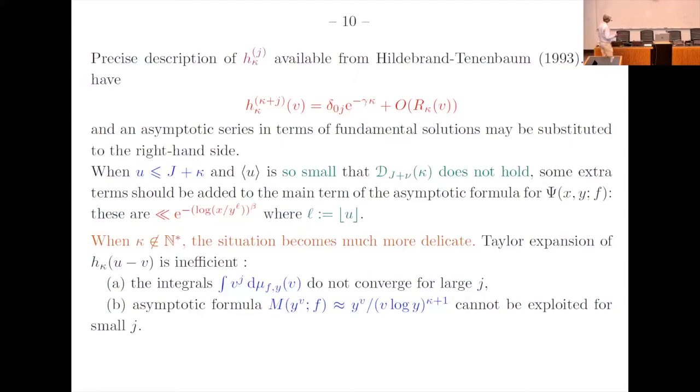Because the Taylor expansion of h index kappa is completely inefficient, because this integral, so this is a measure that we saw previously, does not converge for large j, and this asymptotic given, for example, by the Selberg-Delange theorem cannot be exploited for small j.